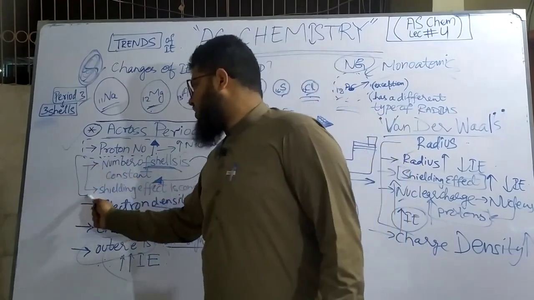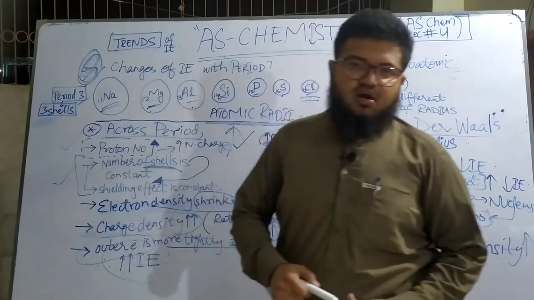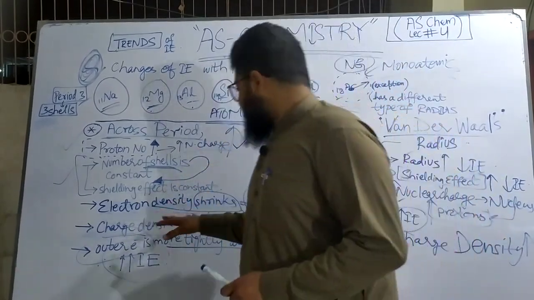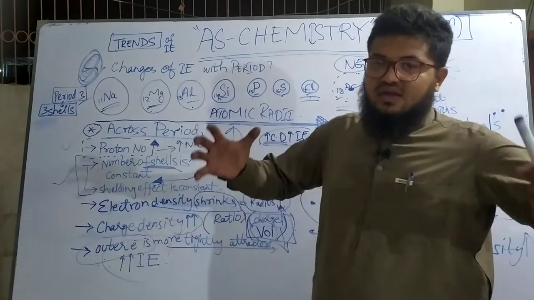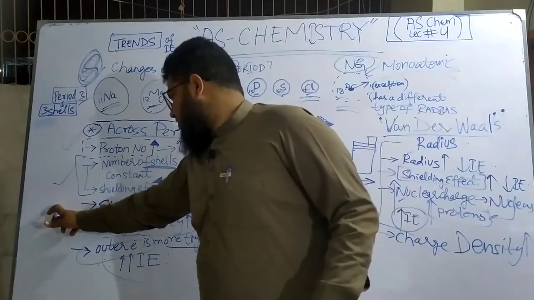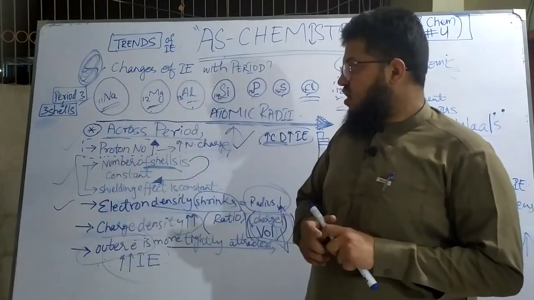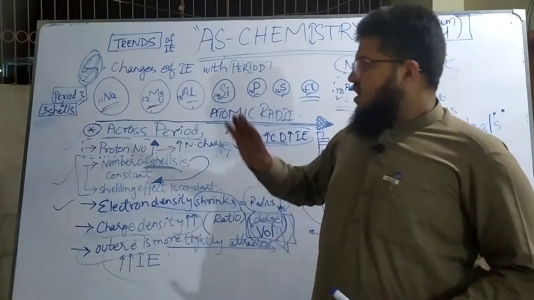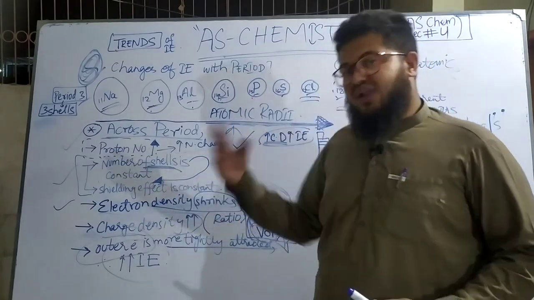This is a single point, and it carries a mark. You must not leave it out. Then comes electron density shrinking and the radius also decreasing, so that's also 1 point, and that's what you'll get the mark for. This charge density is an additional point. If it's for 4 marks, it will have a mark.